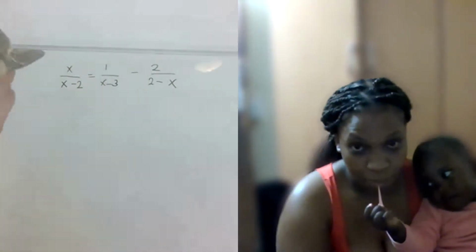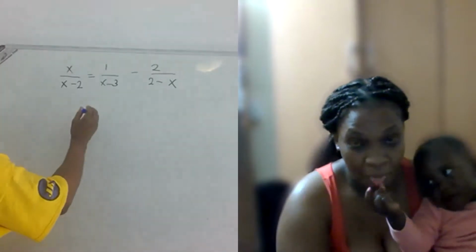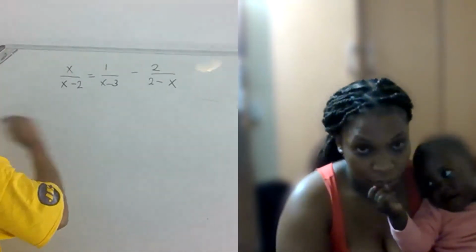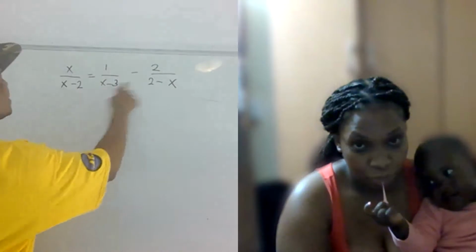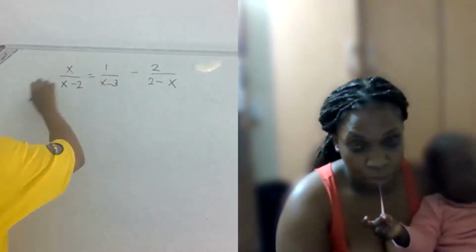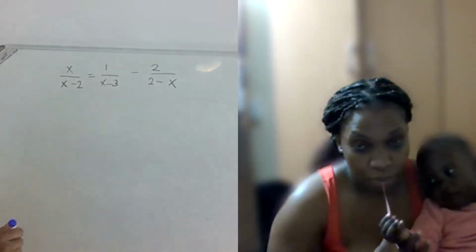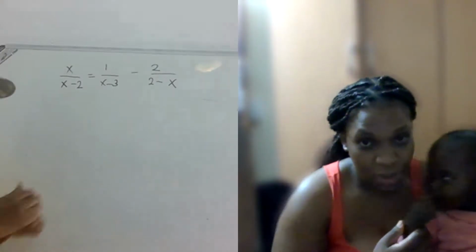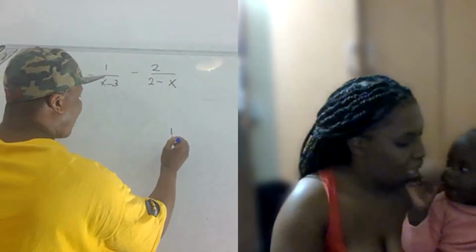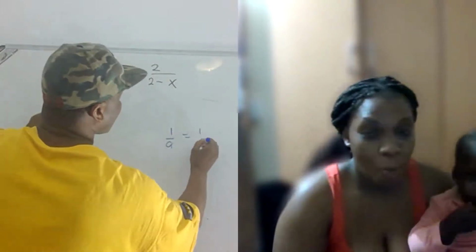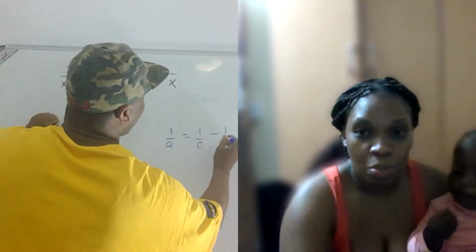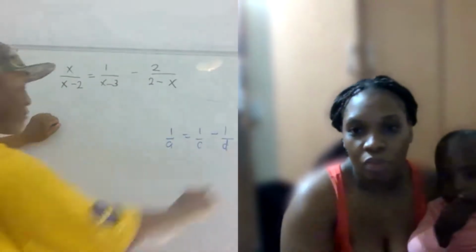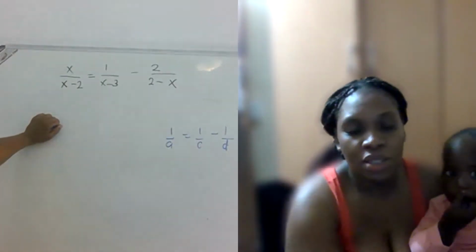Look, if somebody gives you 1 over a equals 1 over c minus 1 over d, what is the common denominator of all of them? ACD.